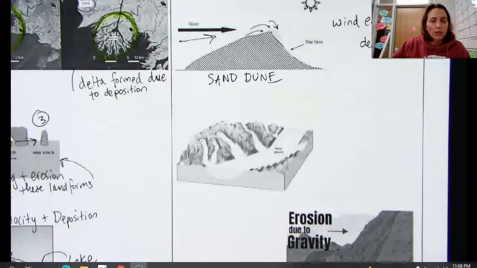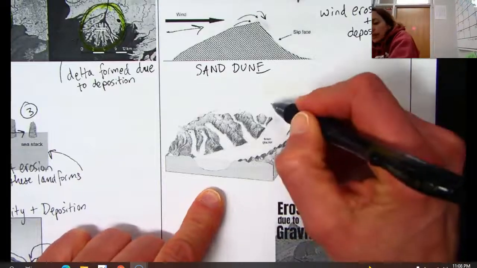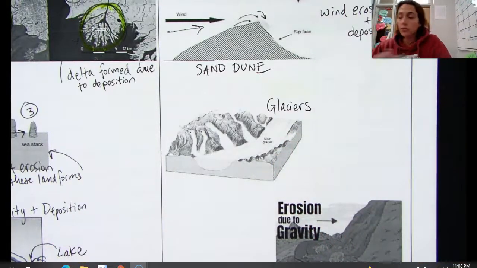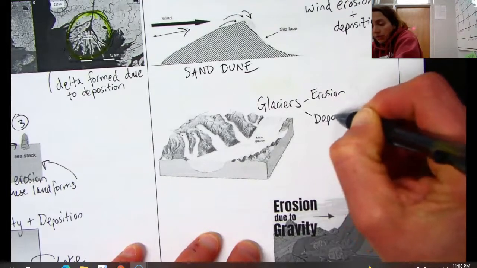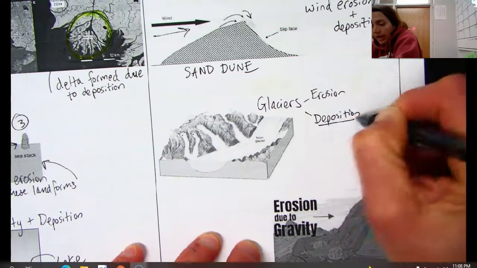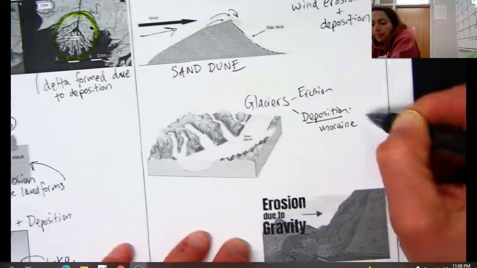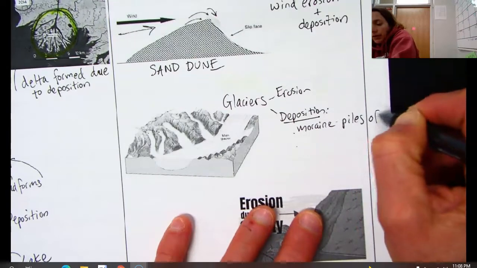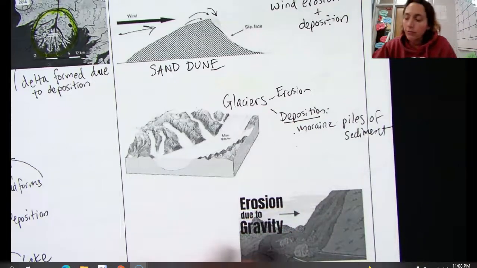All right, two more diagrams, and then you guys can do whatever you want to this. But remember, bring it back for the test tomorrow. Glaciers. Glaciers also do erosion and deposition. In deposition, they leave piles of sediment called moraine, which we also call glacial drift.